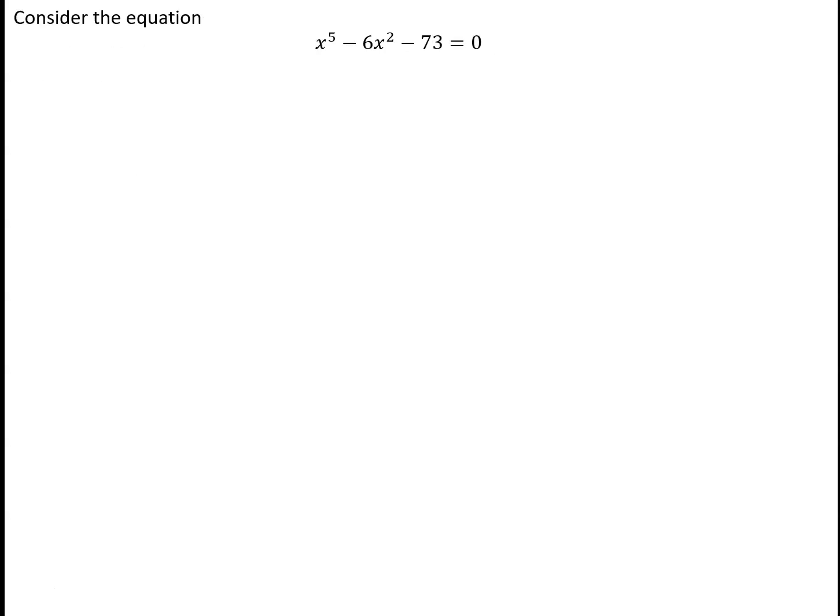So let's consider for the rest of this video the equation x to the 5 minus 6x squared minus 73 equals 0. First of all, just define the function f of x as being x to the power 5 minus 6x squared minus 73.